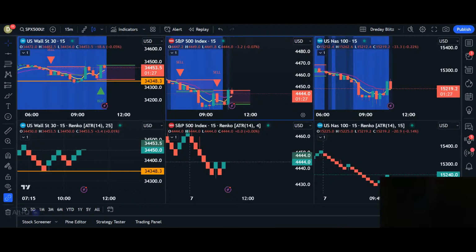So we should expect a move up here, and you can monitor it until the end of today to see if the movement is still going bullish overall until the end of the day.